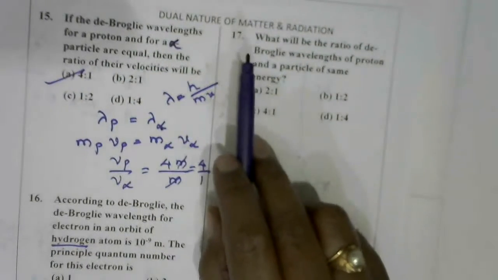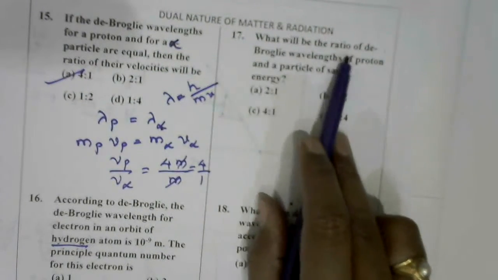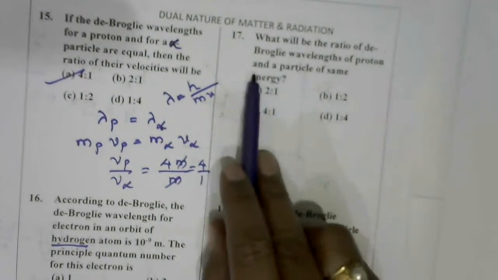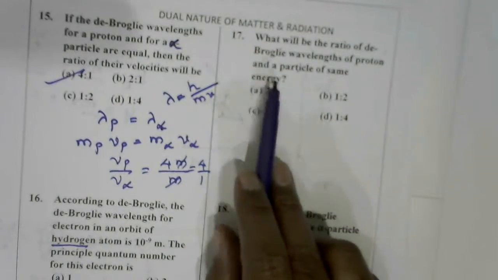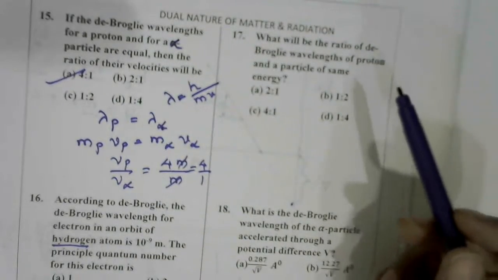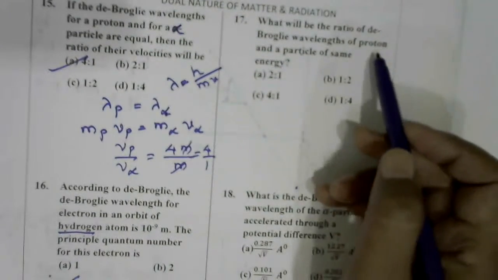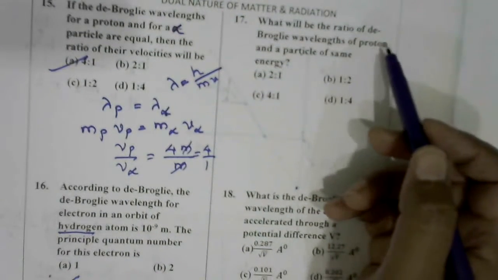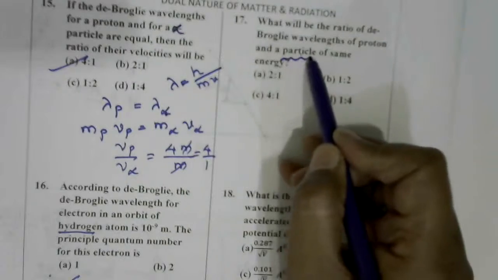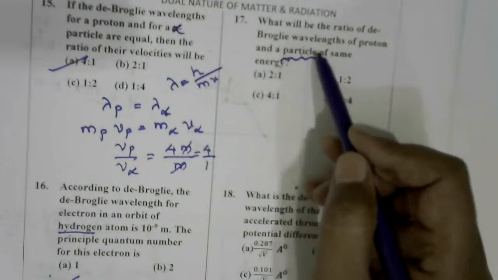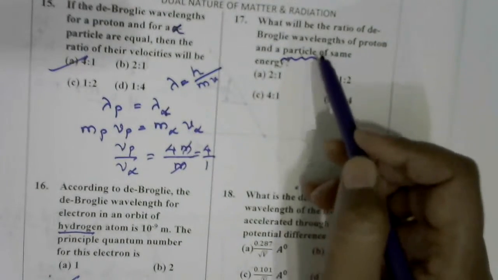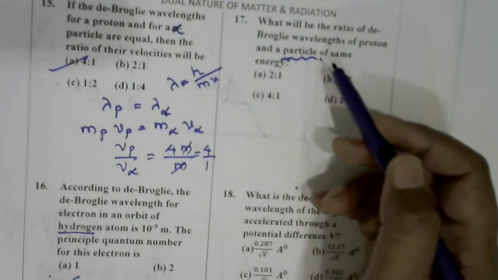17th one: what will be the ratio of de Broglie wavelength of a proton and a particle of the same energy? Actually here they are having the same energy, but when they say just a particle, this is actually a wrong question. Because of that I skipped it.